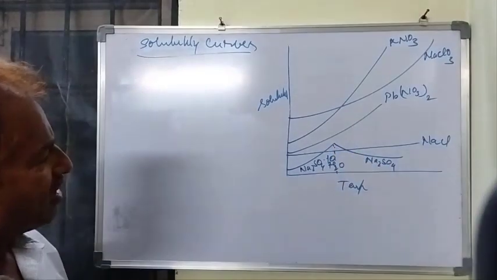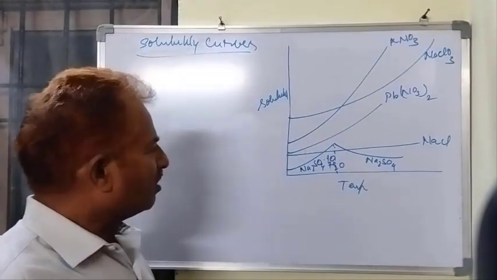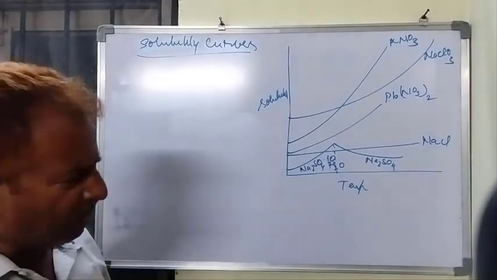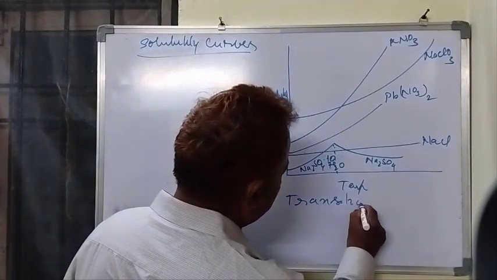That means up to a certain temperature, solubility of hydrated sodium sulfate increases and reaches a maximum, and this temperature is known as the transition temperature.